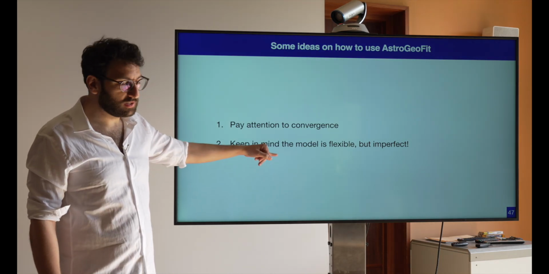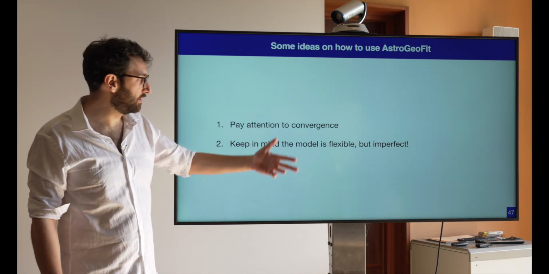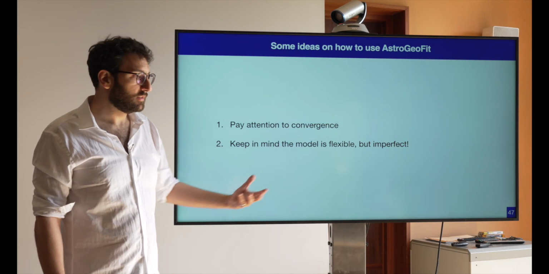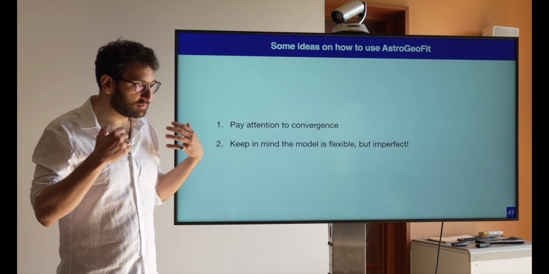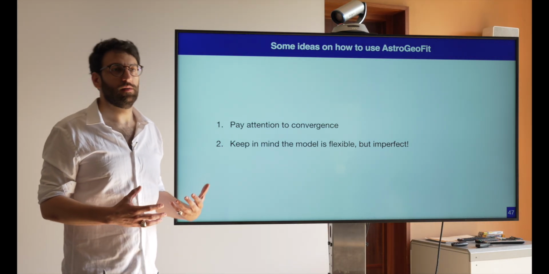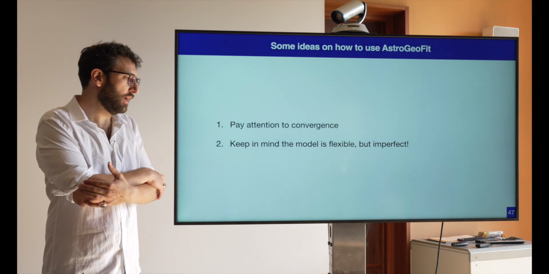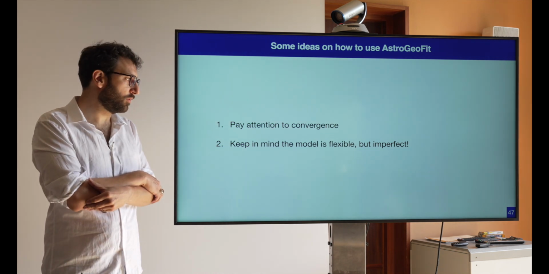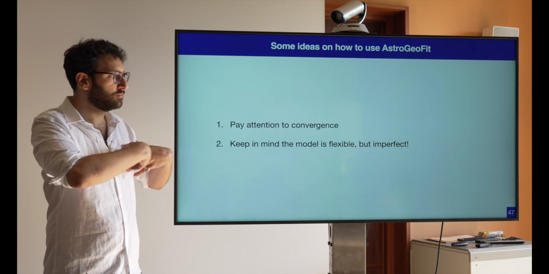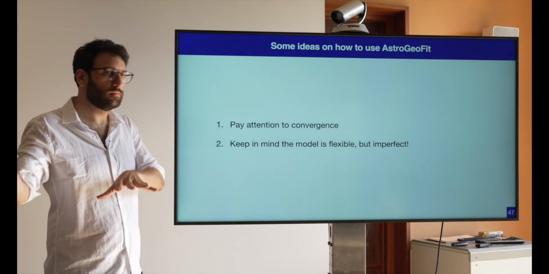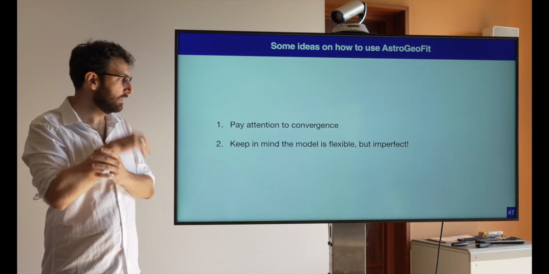And keep in mind that the model is flexible, it's good, it's realistic, but it's not perfect. So you still need to look at your data and your results critically, and not take them for granted. Not just plug in the algorithm, let it do its thing, and publish the paper with the results.